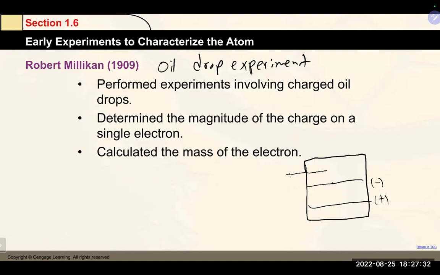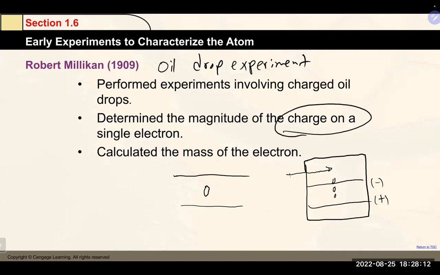He shot the oil droplets in, heated it up really good, atomized it. You would expect the oil droplet to start to fall based on gravity, picking up some charge as it does. What he was able to do was adjust the electric field in such a way that he could suspend the oil droplet without it falling, or going up or down. And from some calculations, he was able to determine the charge on an electron.